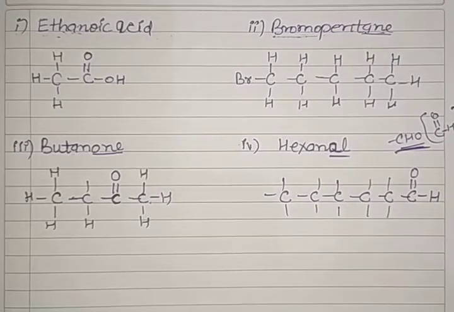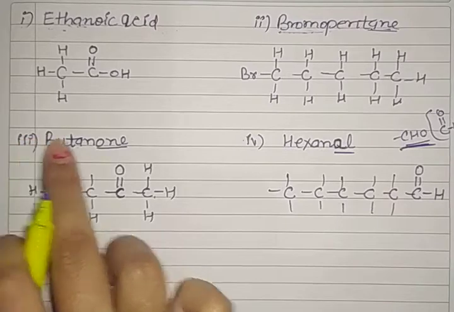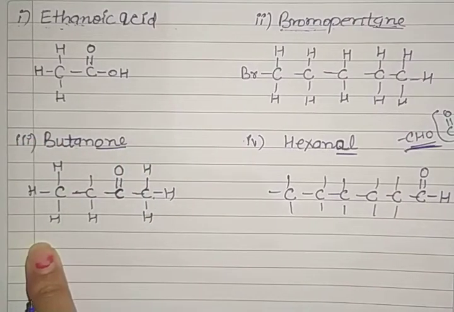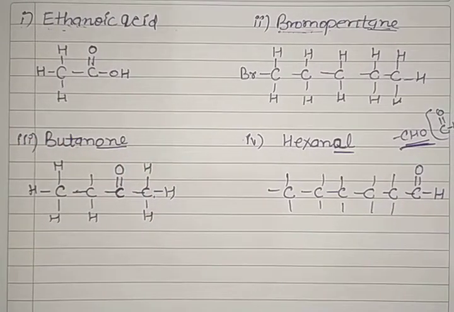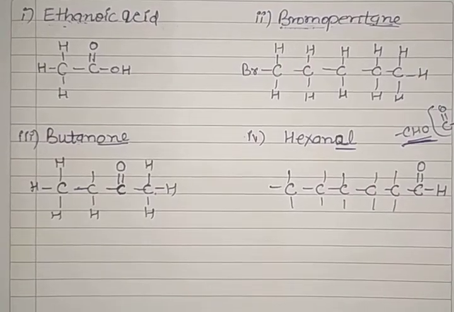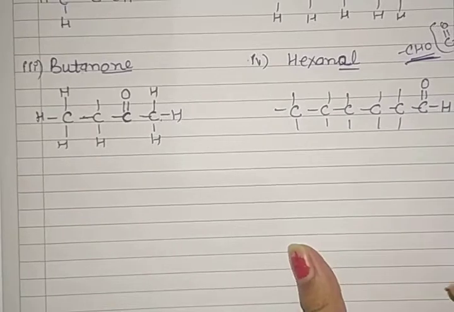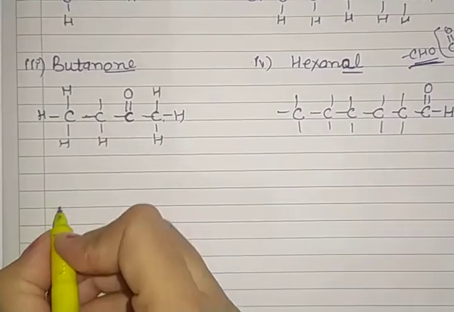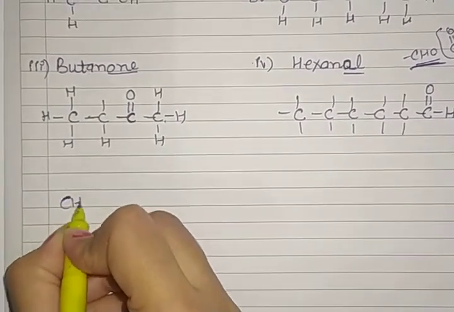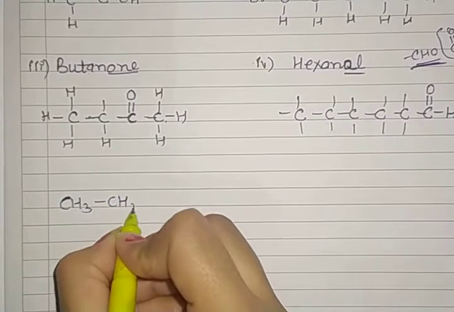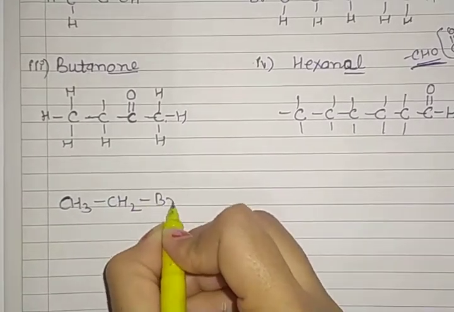Clear? So this was the question: if the name is given, you have to draw the structure. Now the structure is given to you and you have to name it. So similarly, I am taking the structure CH3, CH2, Br.